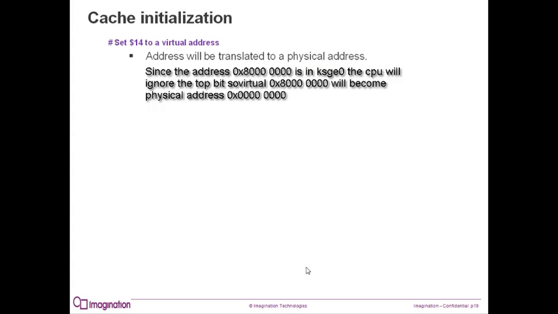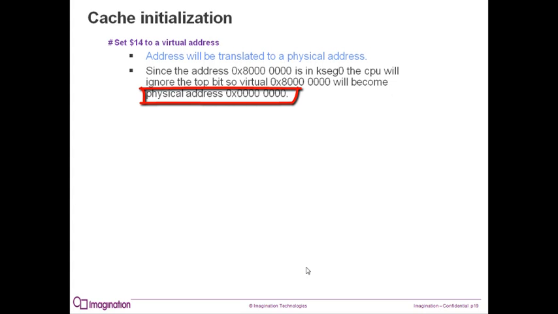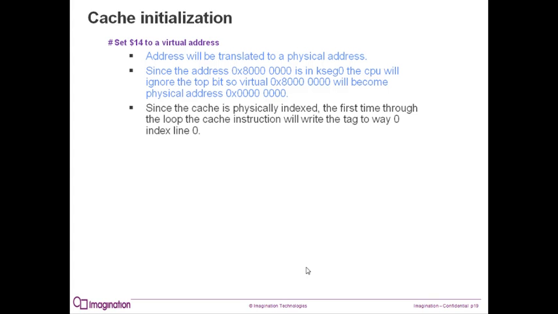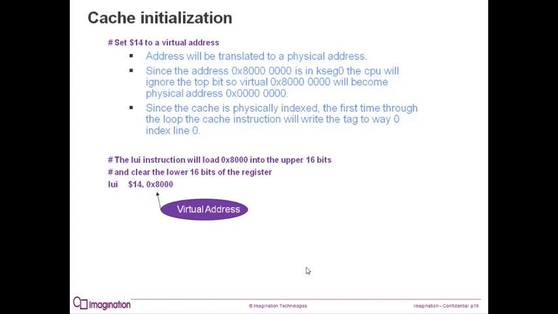If you recall, kseg0 is in the virtual address range of 80 million hex up to a million hex minus 1. This directly maps to physical address 0 through 2 million hex minus 1. So the CPU translates the virtual address 80 million hex to physical address 0. Physical address 0 will always index into set 0 of the cache.